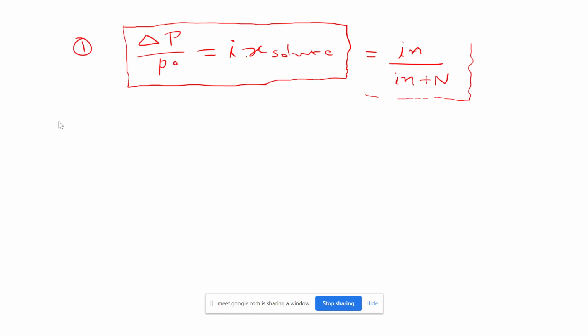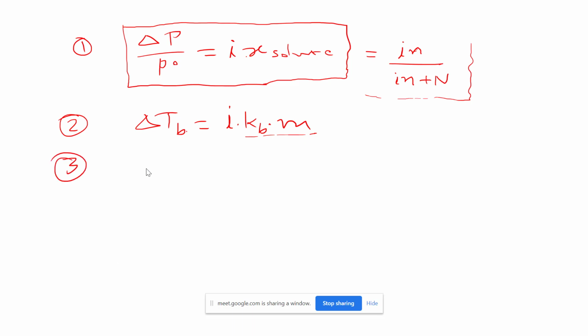Then the next formula, delta Tb, elevation in boiling point, will be equal to i Kb m. Do remember, i is multiplied with Kb and m, and you now get the observed value. This is the observed value of delta Tb, and Kb into m is the theoretical value. So this is observed, this is theoretical, and the ratio will be i.